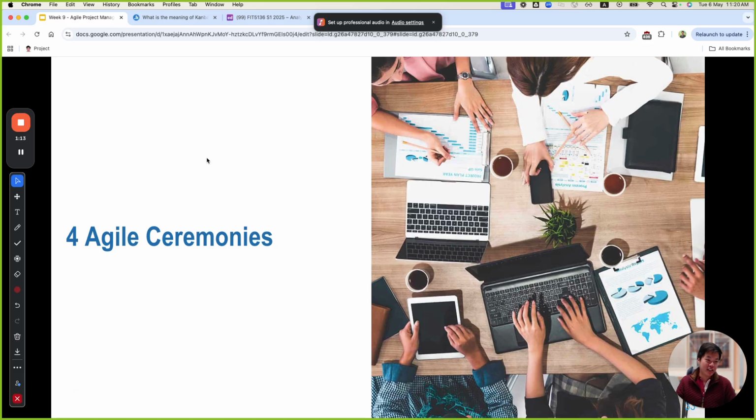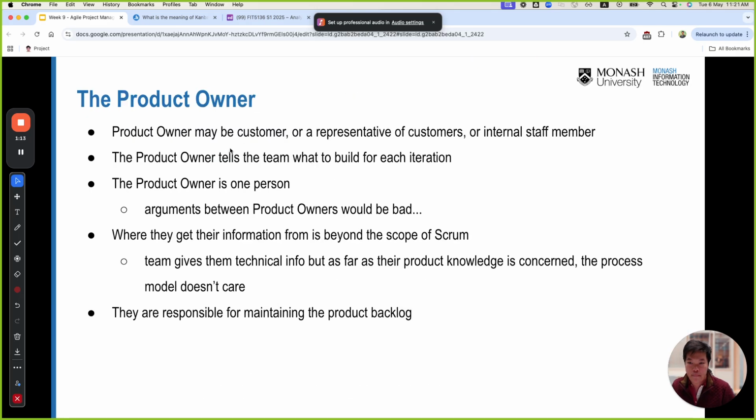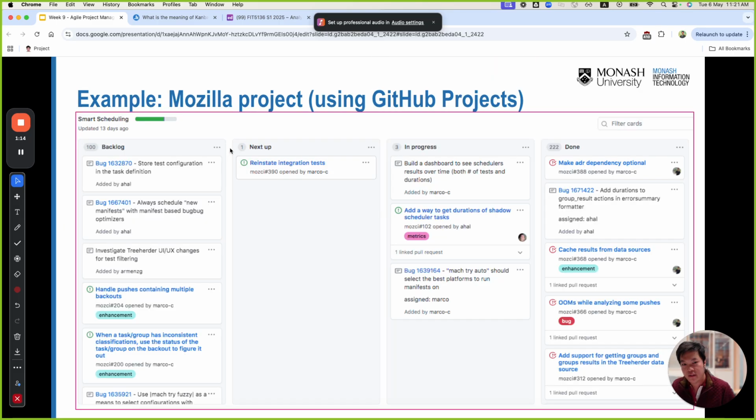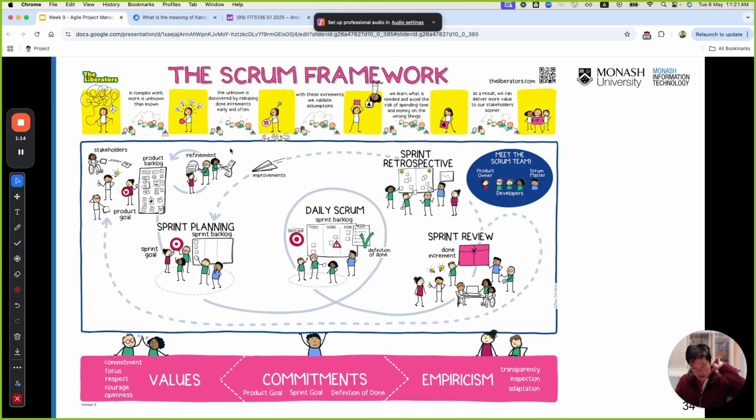Okay. Next, I'm gonna talk about the Agile ceremony. As I told you, there are 4 Agile ceremonies. Actually, I have the figure on this slide.